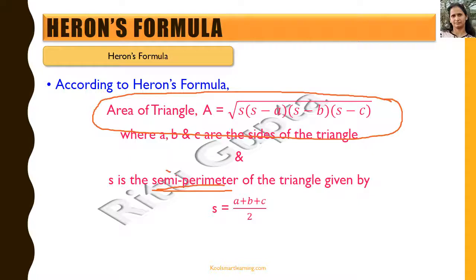So semi-perimeter means half of the perimeter, and perimeter is simply the sum of the three sides, which is a plus b plus c. So s becomes equal to (a plus b plus c) by 2, and this is the formula for finding the area of a triangle knowing the three sides.